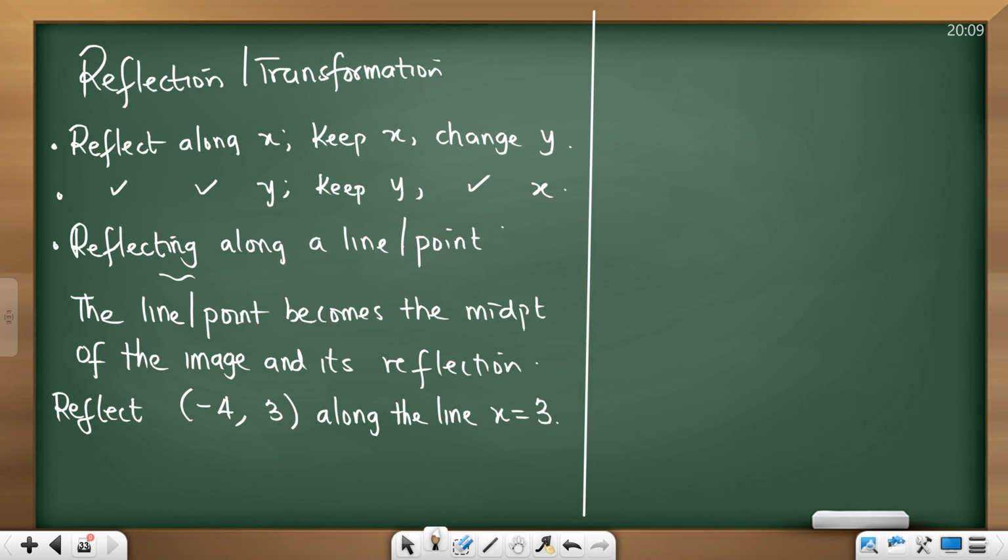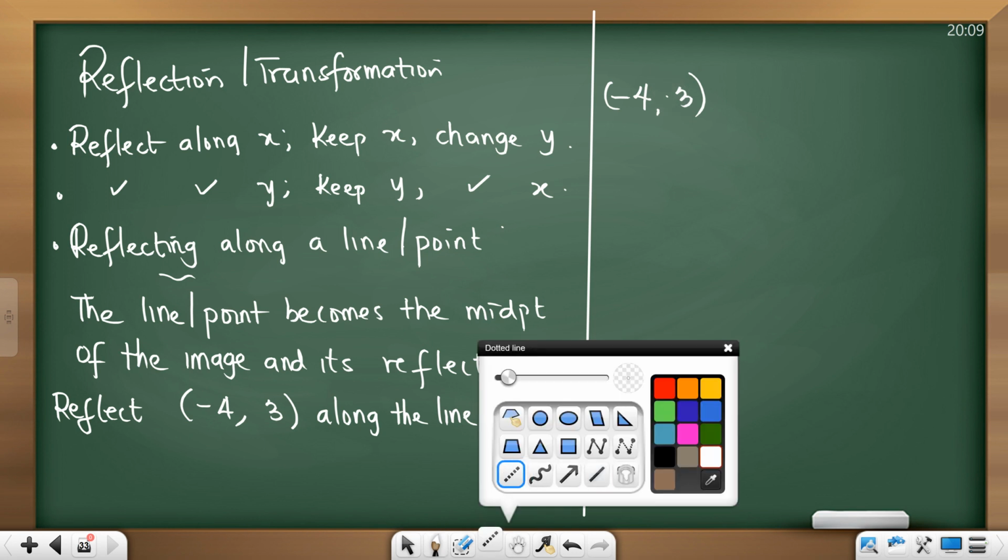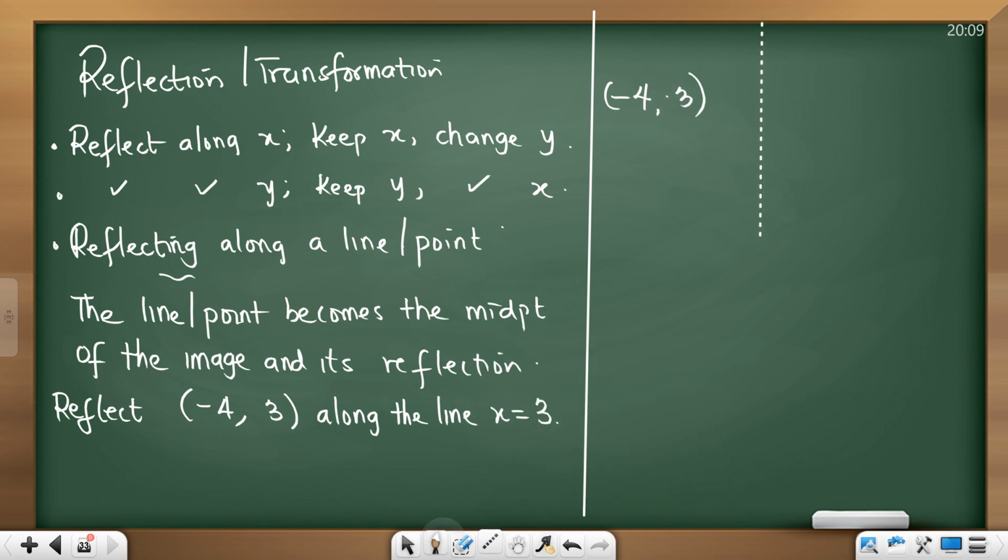Just quickly watch. Reflecting along the line x is equal to what? I'm going to say this is x.